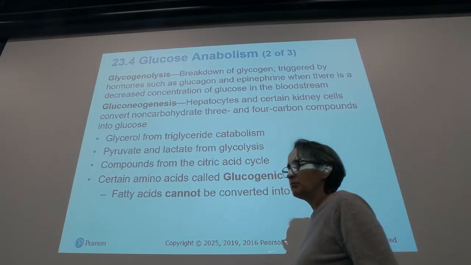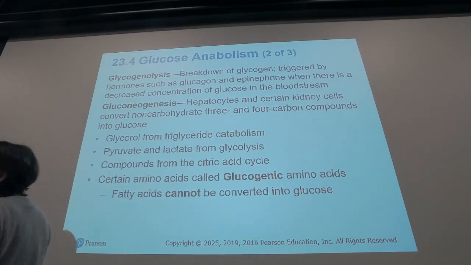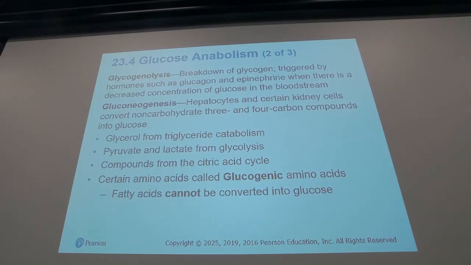Glycogenolysis can be triggered by fasting, but also by the presence of hormones like glucagon or epinephrine. Now, glucagon is the antagonistic hormone of insulin, while insulin is released by the beta cells in our pancreas when we have taken a meal to drop the blood glucose levels.